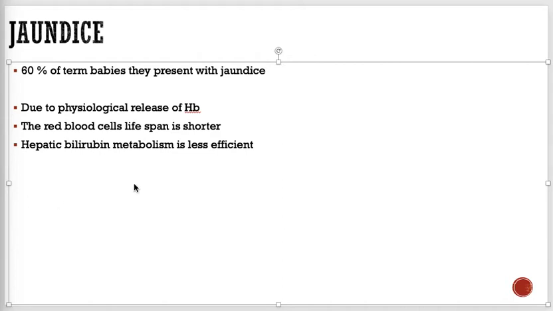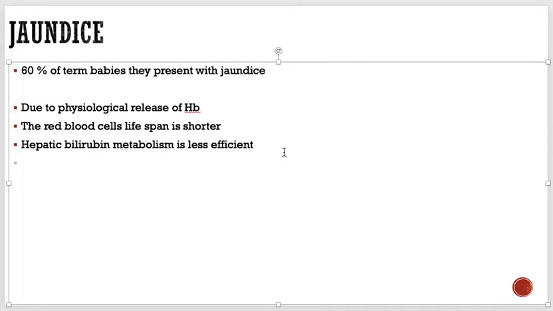So one thing, by the way, guys: when the bilirubin is released, it is unconjugated bilirubin, which is taken to the liver, where it is conjugated. One thing which we don't want is a condition called kernicterus.